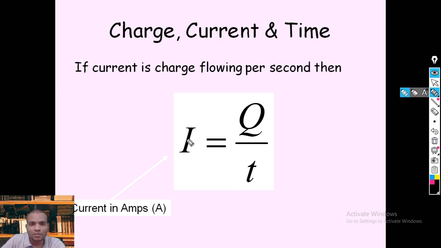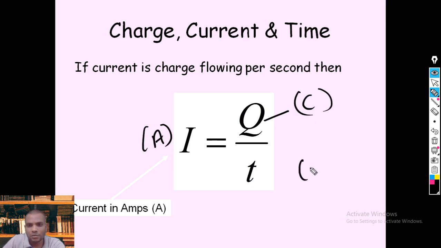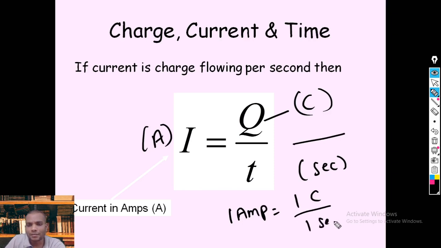Here I is measured in amperes, charge is measured in coulombs, and time is measured in seconds. So 1 ampere equals 1 coulomb per 1 second. If 1 coulomb of charge is flowing in 1 second in a given circuit, then we define that as 1 ampere of current flowing through the circuit.